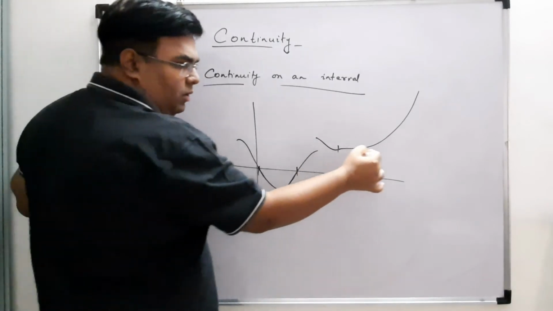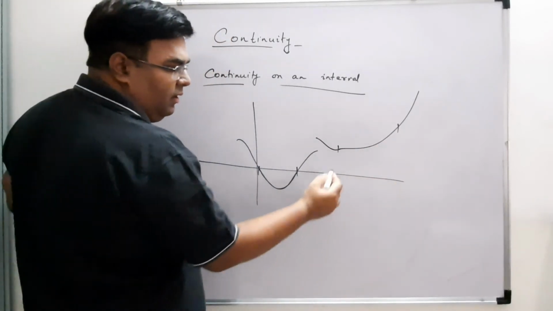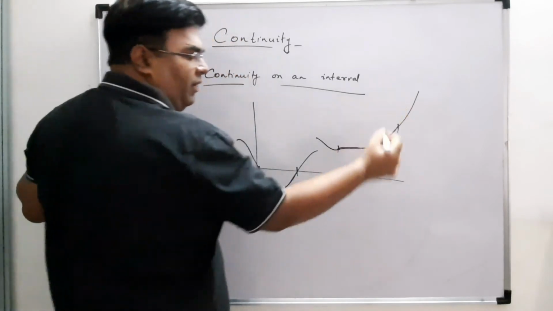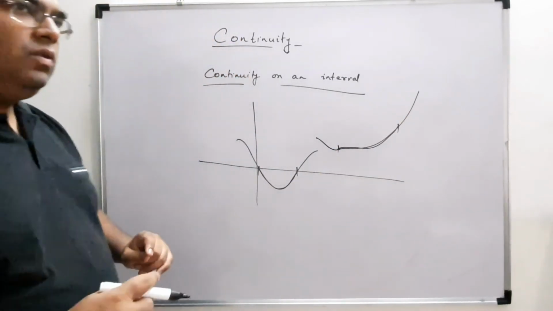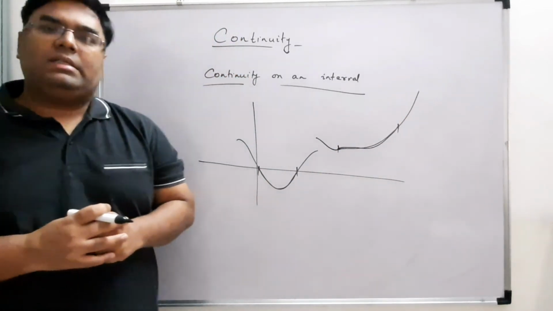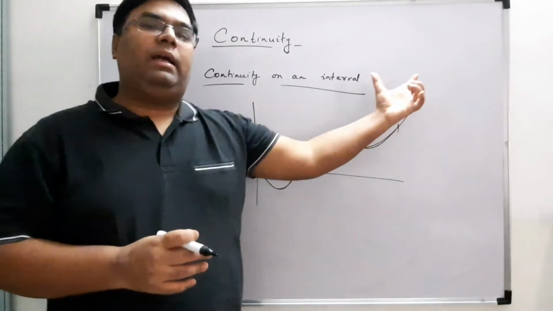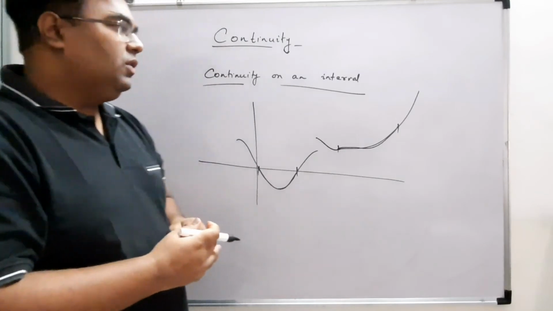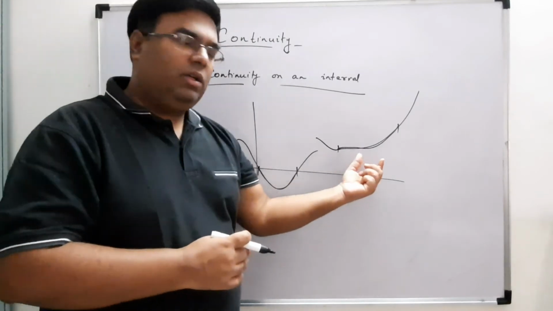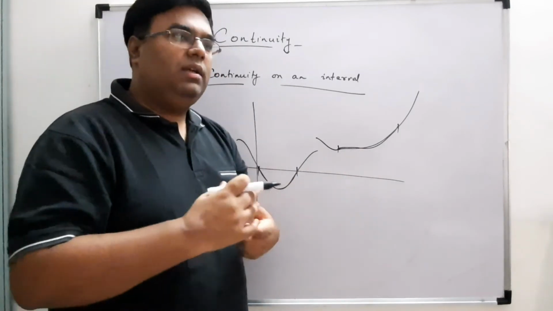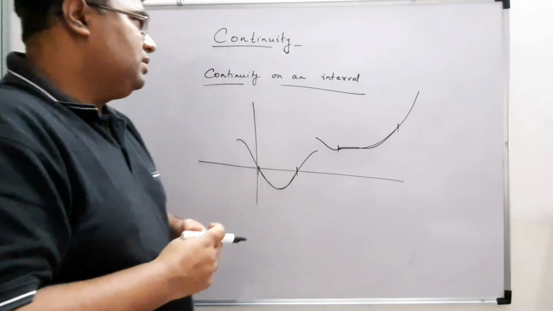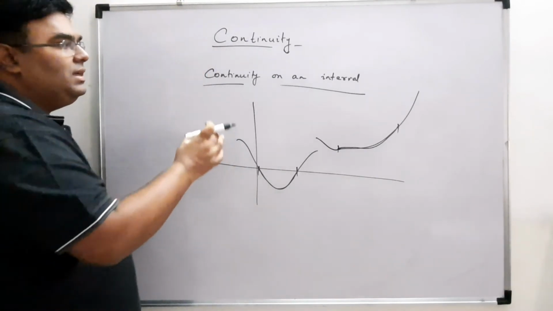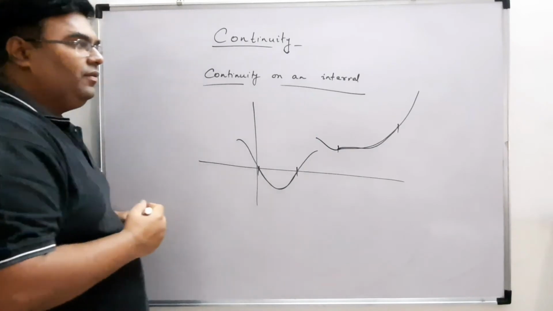So even if the function is not continuous in the entire interval, we can always find a particular interval to make it continuous, or to find where the function is continuous. This concept is known as continuity on an interval.